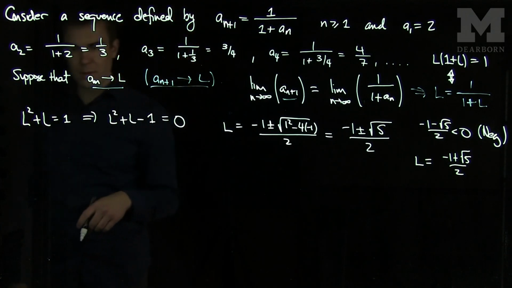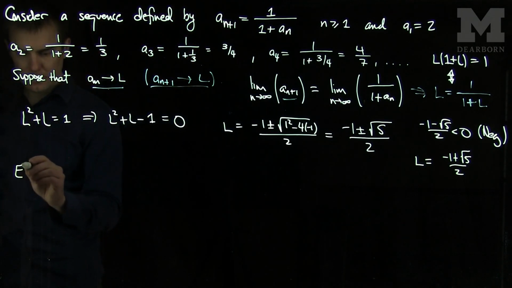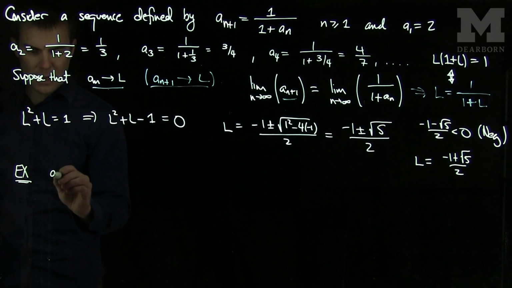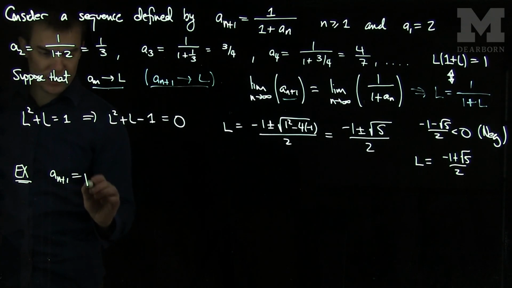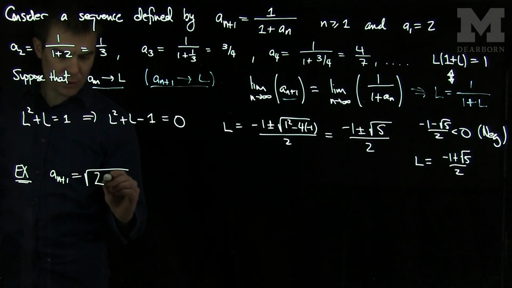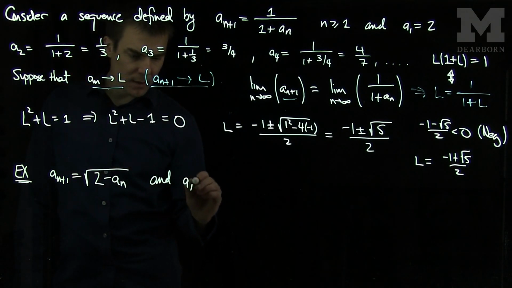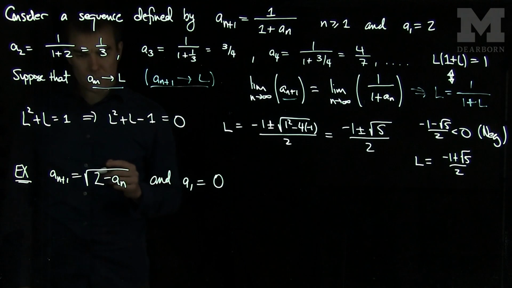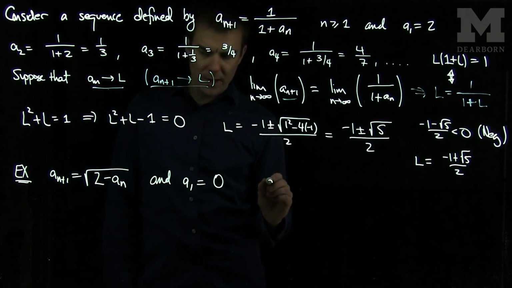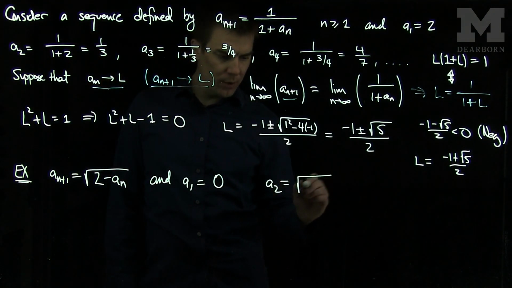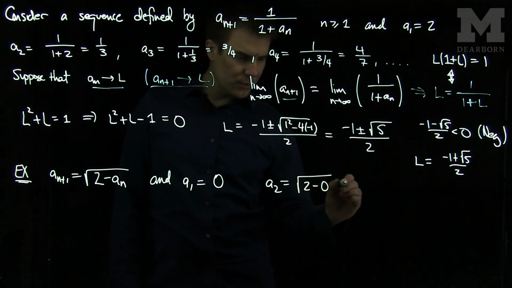Let's see another example of this. If we look at a_(n+1), which is the square root of 2 minus a_n, and we set a1 to be equal to 0, then we can plug in some values and see what we get. a2 would be the square root of 2 minus 0, so that would be square root of 2.